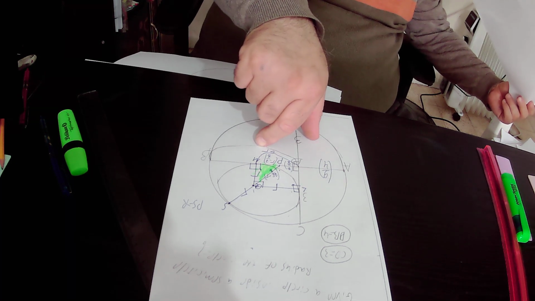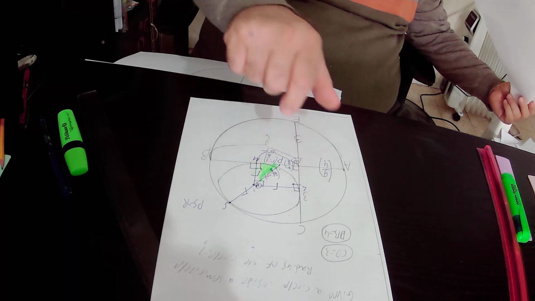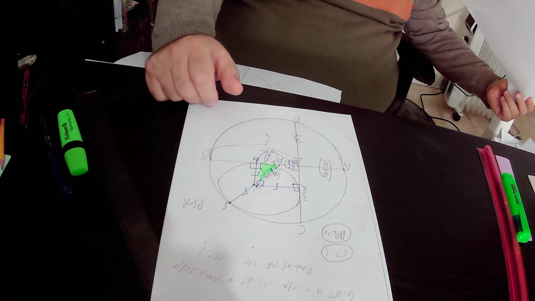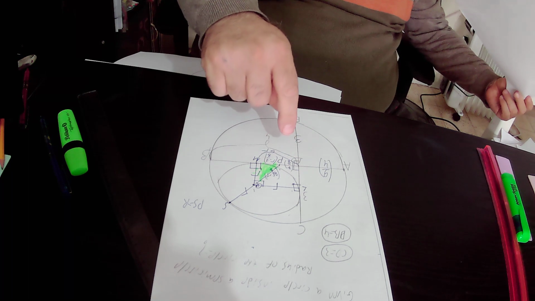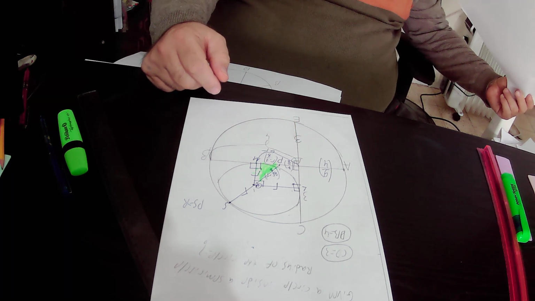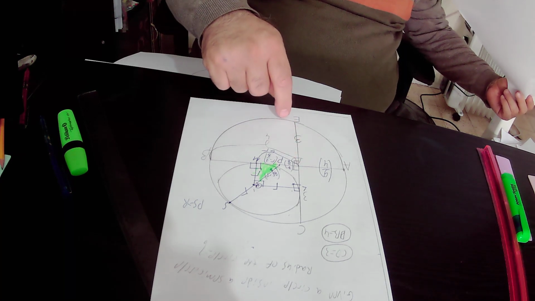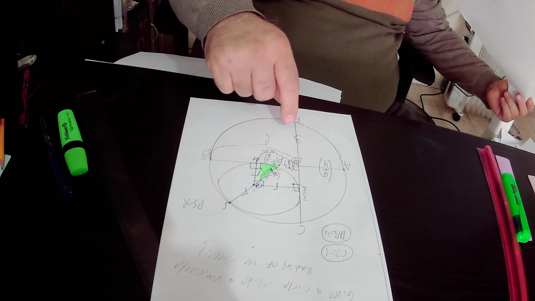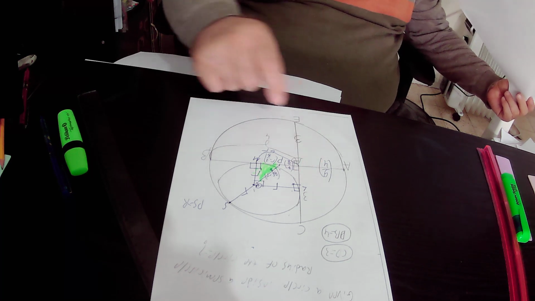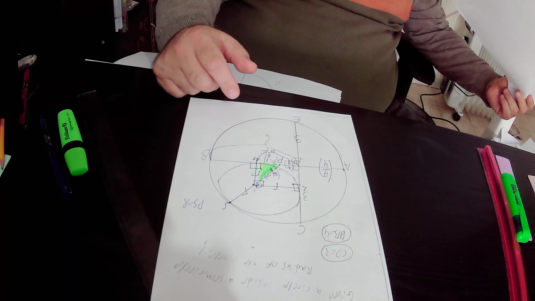It means that here CD must be equal to DE, because DE is the mirror image of CD. That is to say, the lengths of those two line segments must be equal to each other.